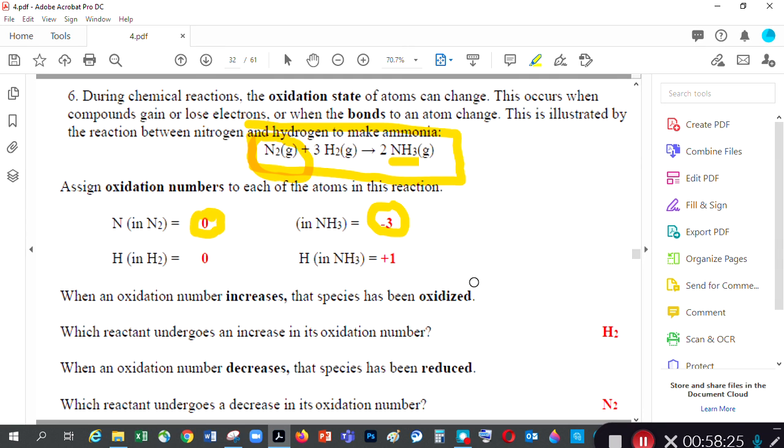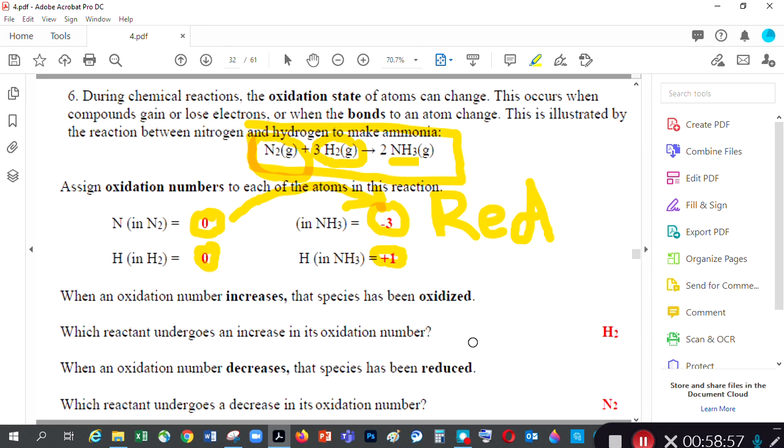And here hydrogen by itself is 0, but in the molecule it is always +1. So now you can tell me which one will be oxidized and which one will be reduced. It looks to me that this nitrogen went from 0 to -3. Thus, this is a reduction.